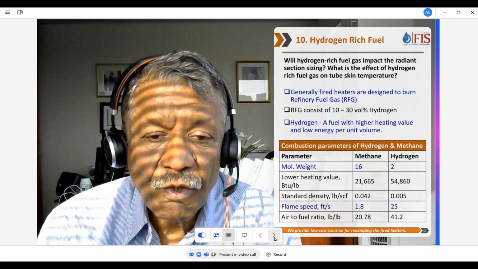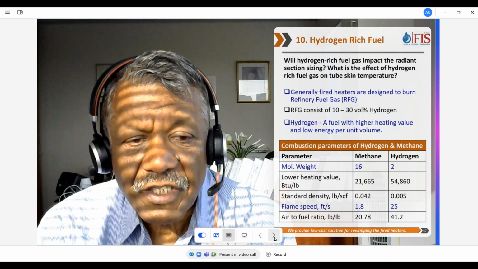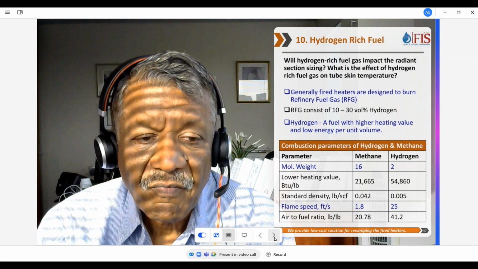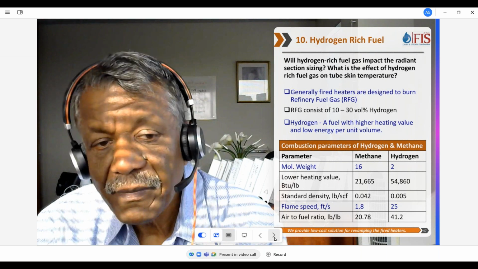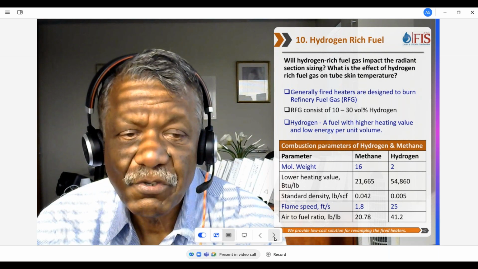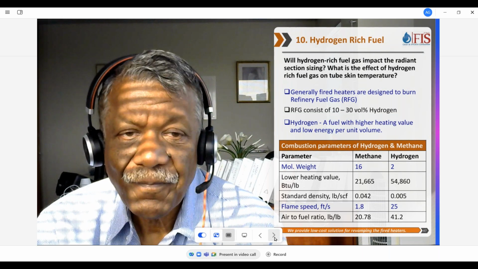But then if you look at the density, hydrogen is almost 10 times lighter. The one thing which also differentiates methane and hydrogen is the flame speed. Hydrogen burns almost 12 to 13 times faster than methane.